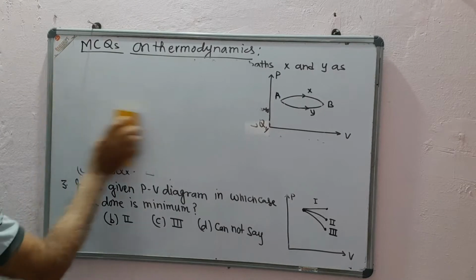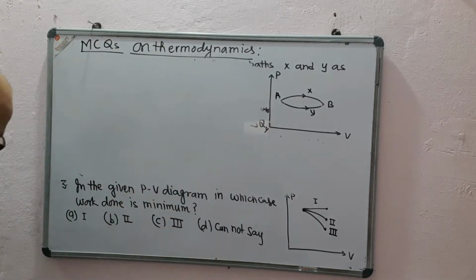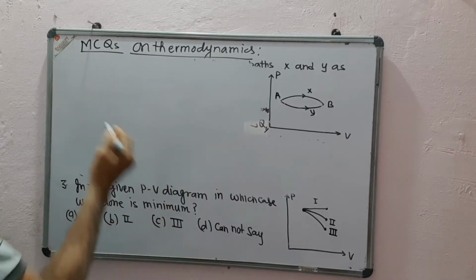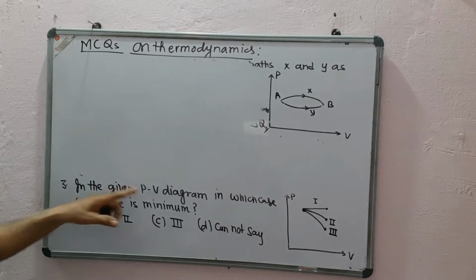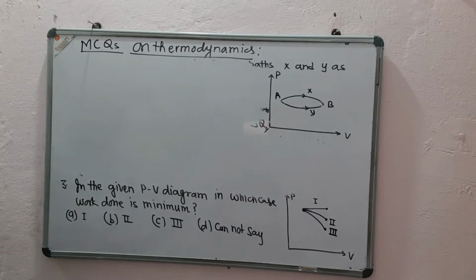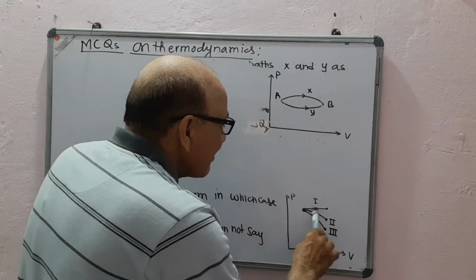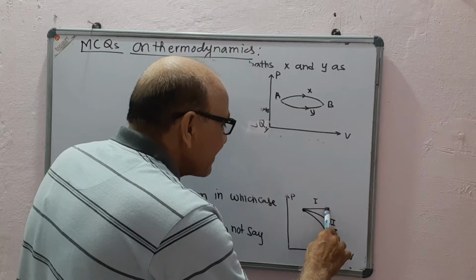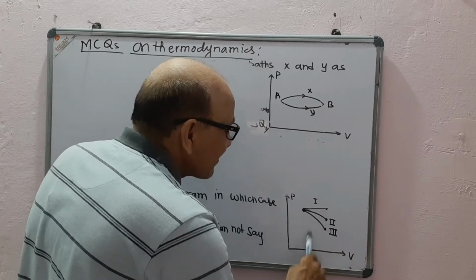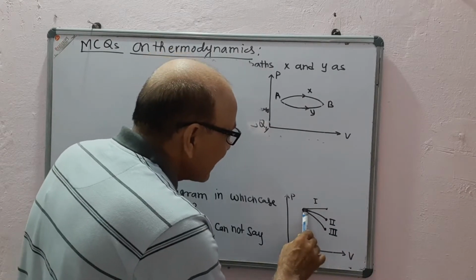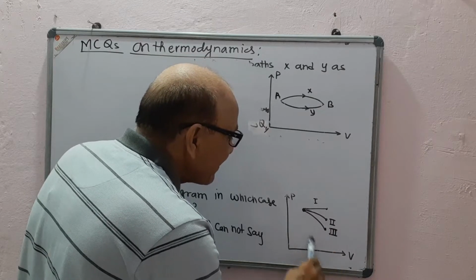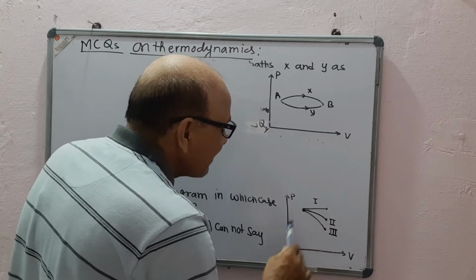Next, third, in the given PV diagram, in which case work done is minimum. Again, area under this curve with volume axis will be maximum. Then second maximum will be this one and third maximum will be this much.